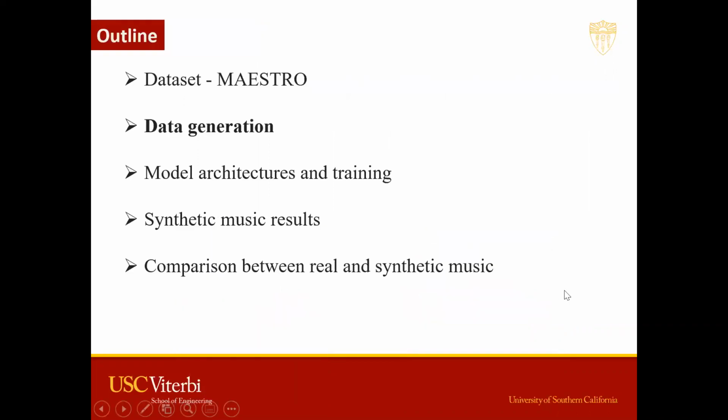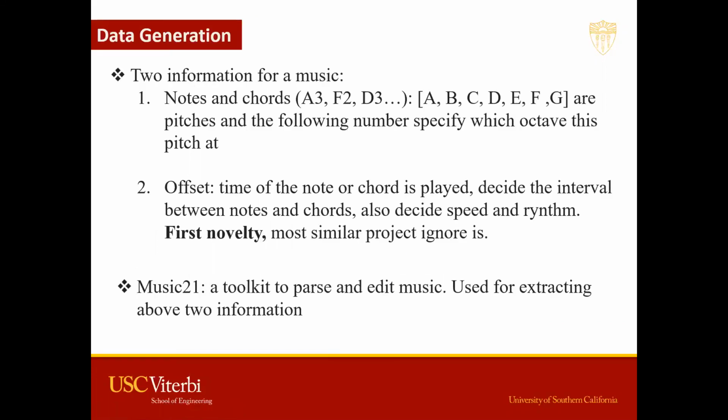Okay, we will introduce how we generate the data sequence. In the music file, there are two important pieces of information that need to be extracted. The first is notes and chords. We can see from the three examples A3, B5, and D3.